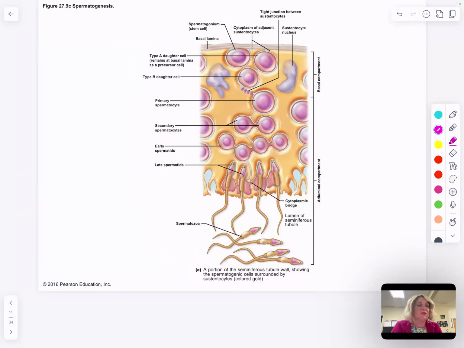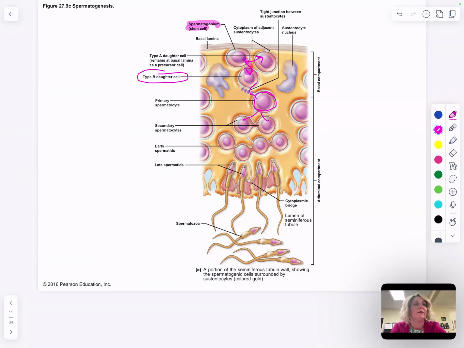Here's another picture of the evolving of these sperm, where you start off with your stem cell here. It goes through mitosis, and it will divide into 2 daughter cells through mitosis. But then these cells go through meiosis, okay?